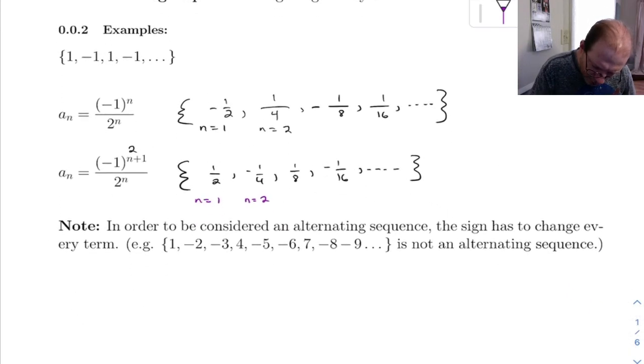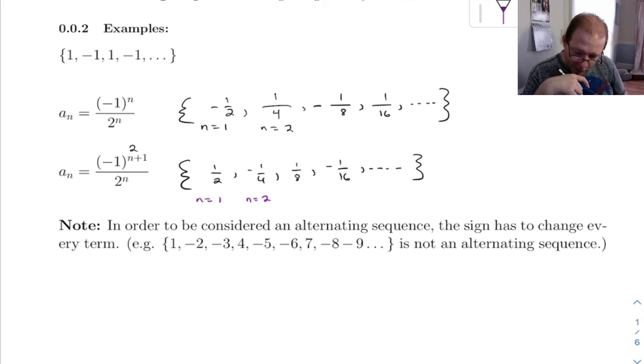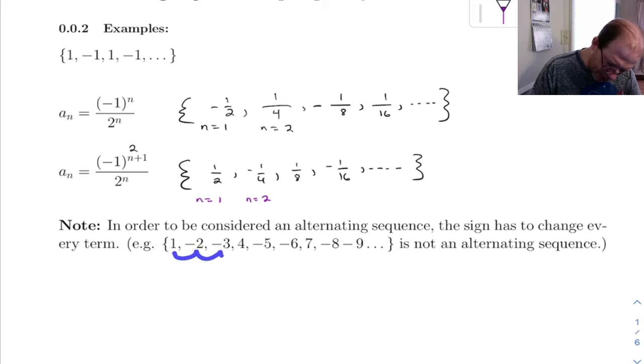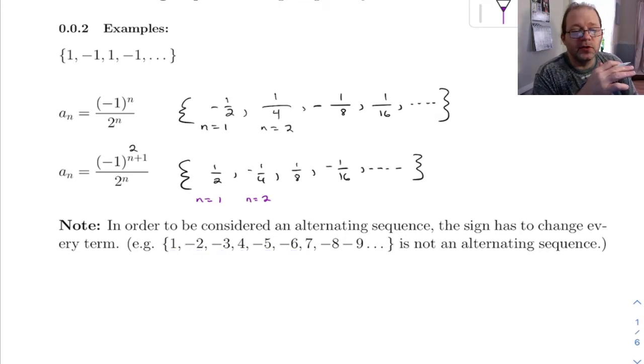Now, one thing to be careful about is, in order to be considered an alternating sequence, the sign has to change every single term. So something like this, where the pattern is we've got a positive, two negatives, a positive, two negatives, positive, two negatives, and so on. That's not an alternating sequence because it doesn't change every single time.